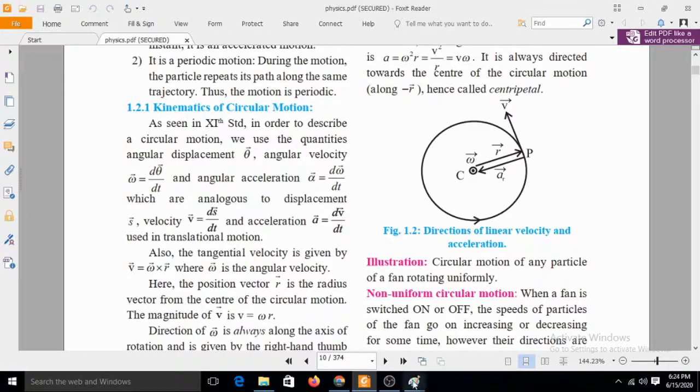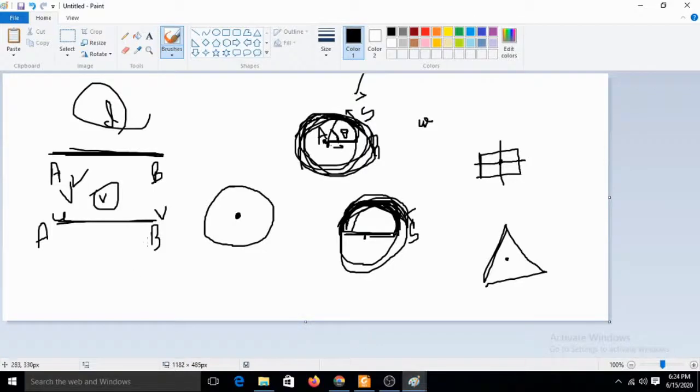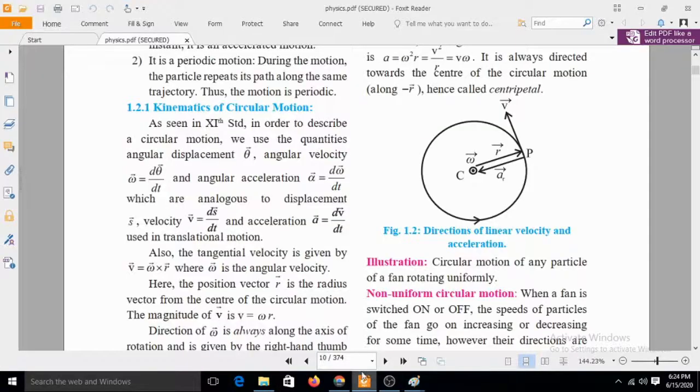Over here, suppose this is a displacement. The definition is the rate of change of the distance of the object, and the velocity is the rate of change of displacement.